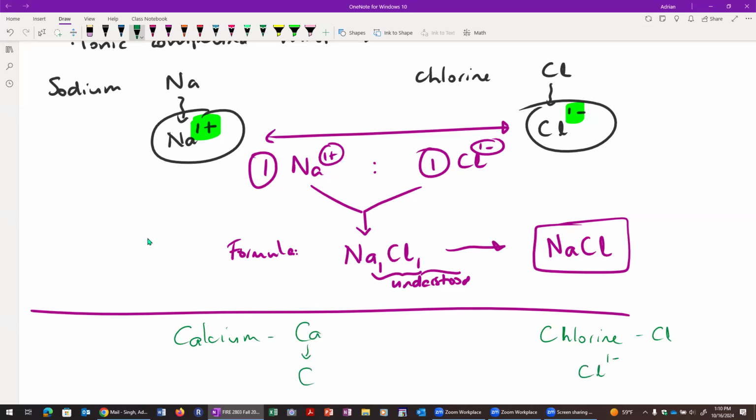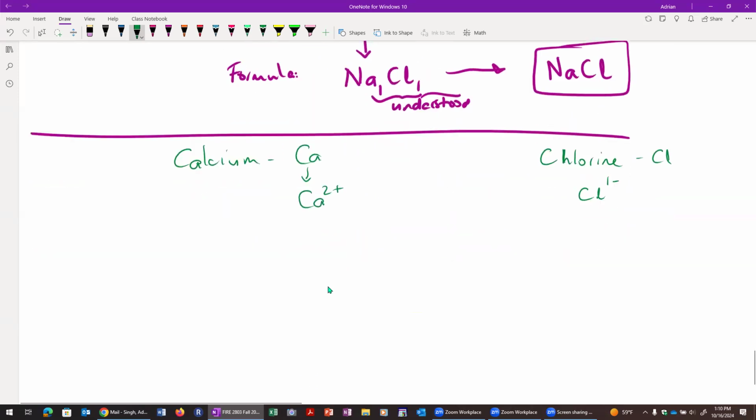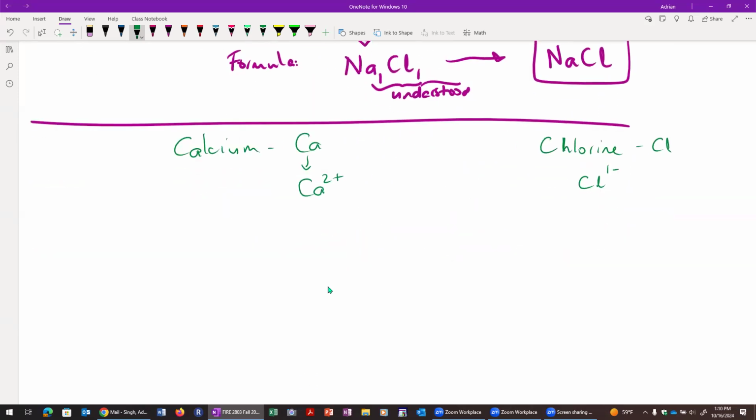Calcium is in group 2, it's a metal, so it'll be 2 plus. So now we can see in order for these charges to cancel, if I have one of each, they're not going to cancel out. I actually need 2 of the Cl minuses to give me a total of 2 minus to cancel out the 2 plus. So my ratio here is 1 calcium ion to 2 Cl minus ions.